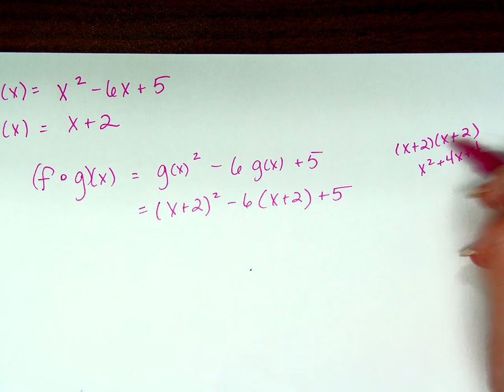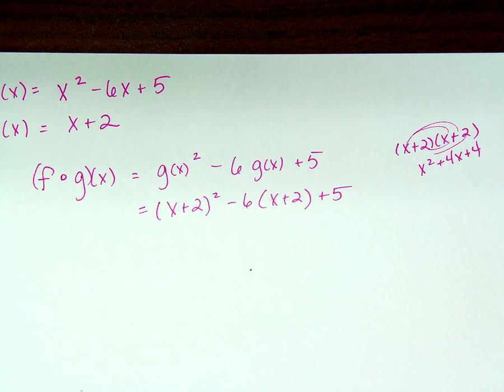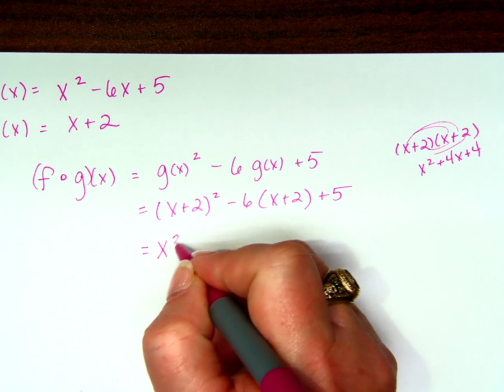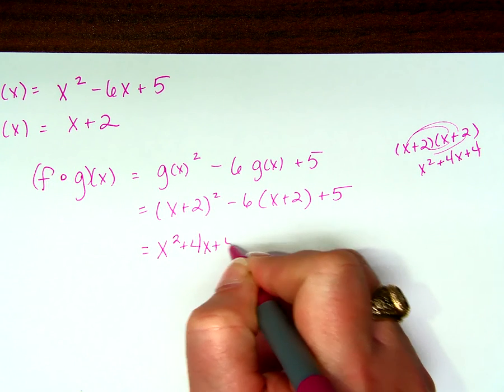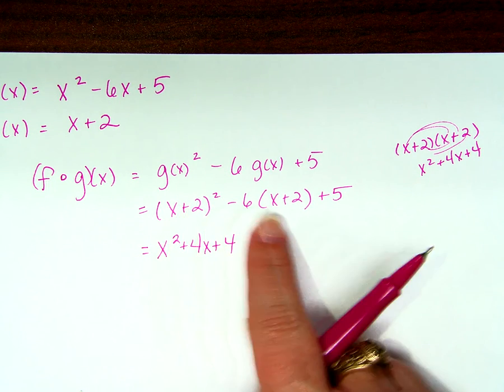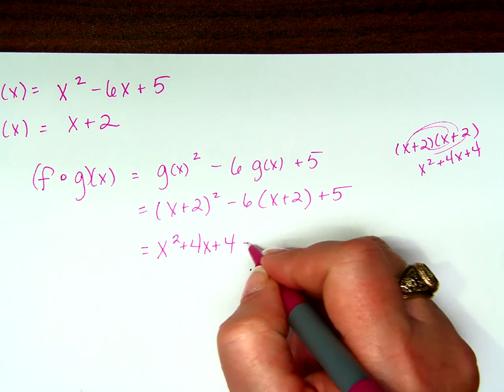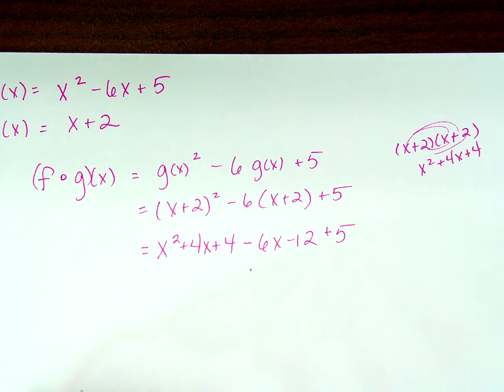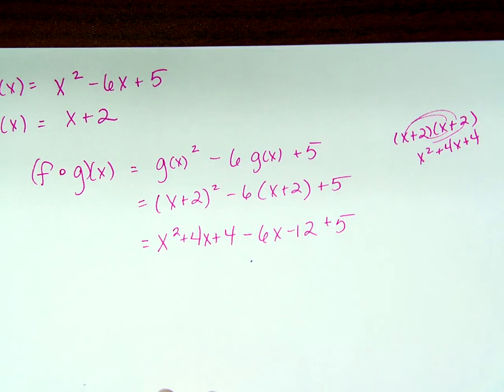They forget to distribute, and then they miss it on the middle term. So x squared plus 4x plus 4 is that term, this thing squared. Then I have to distribute the negative 6 and get negative 6x minus 12, and then I have my plus 5. So now it's just a matter of combining like terms, right?